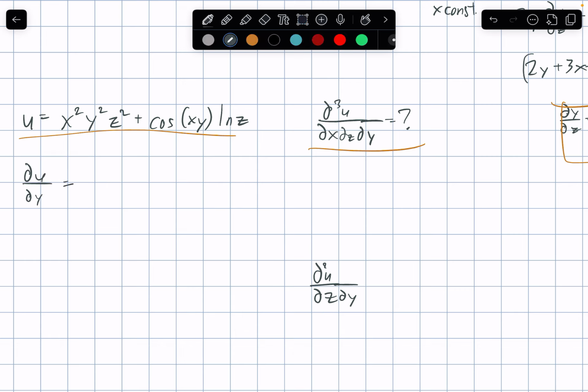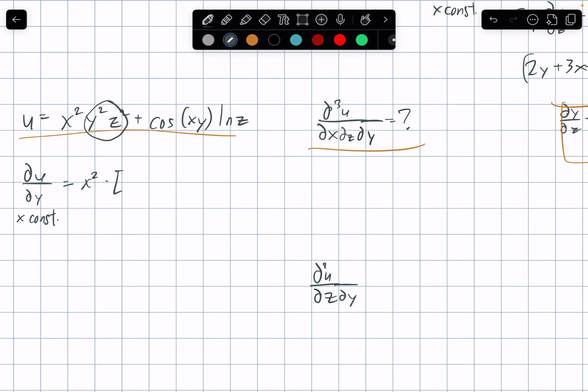Partial u over partial y. So we are going to consider x as constant. So x squared is put on one side. Y squared, z squared, we have to apply product rule. So the derivative of x squared is 0. Sorry.